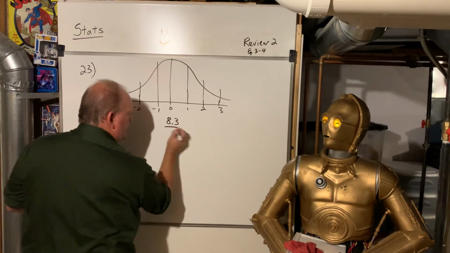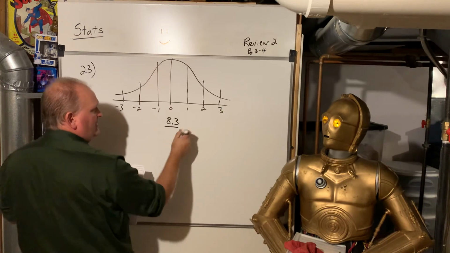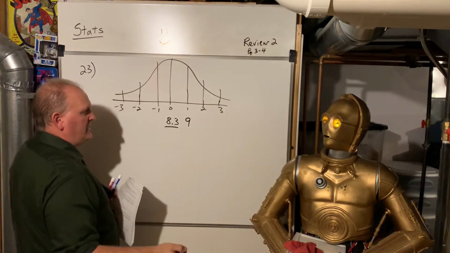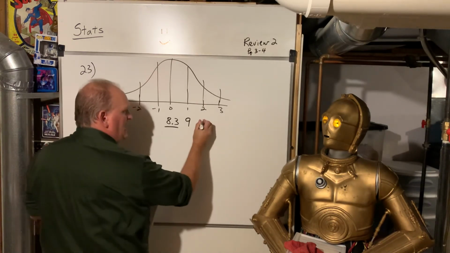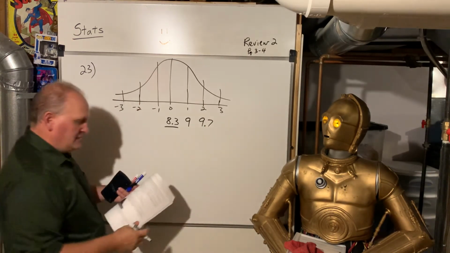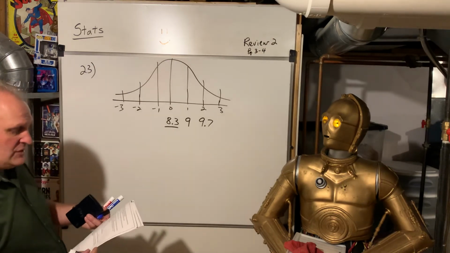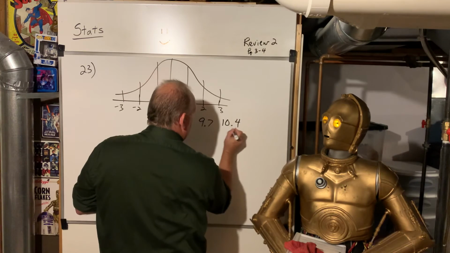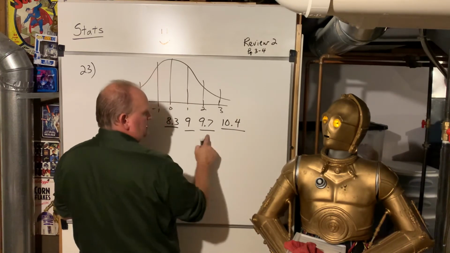That's the actual value. Now we add 0.7 to that. So 9-year-old car is 1 standard deviation above the mean. Add 0.7 to that. 9.7 is the car, 2 standard deviations above the mean. 10.4 is 3 standard deviations above the mean. So 1, 2, and 3.